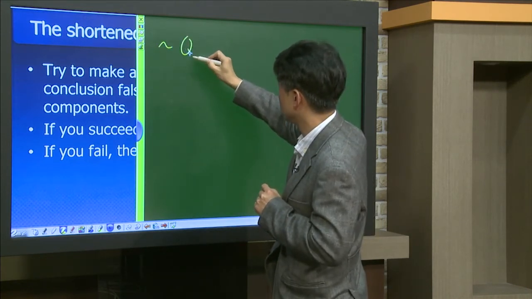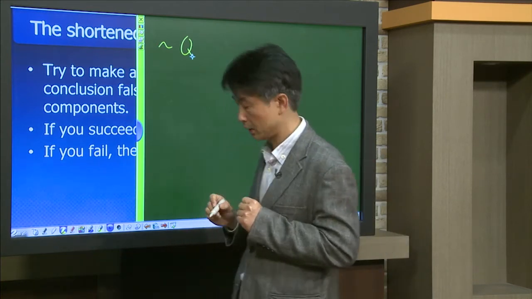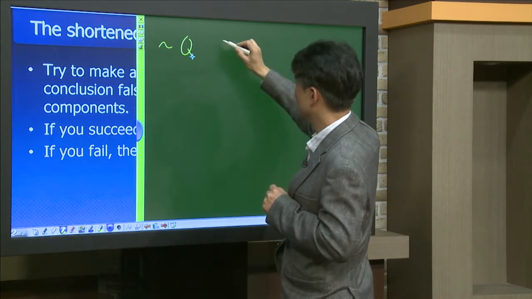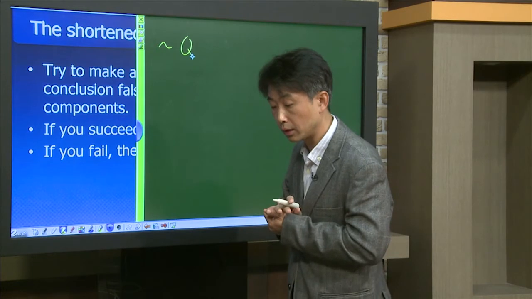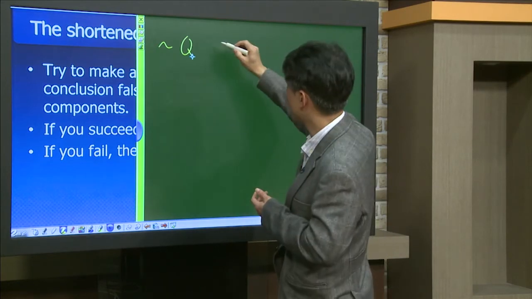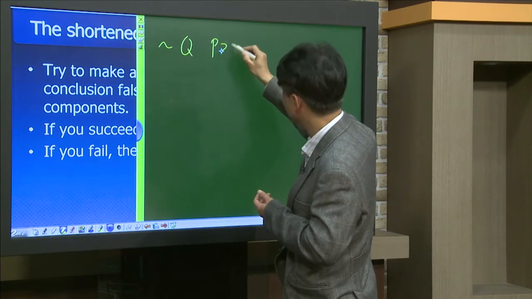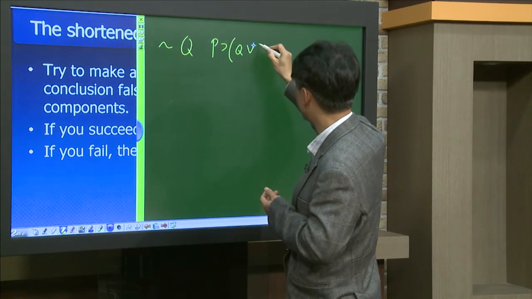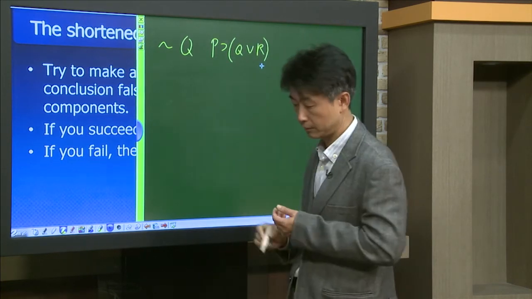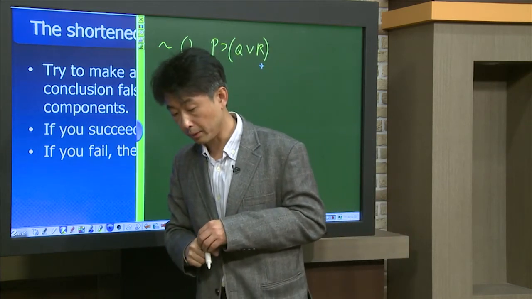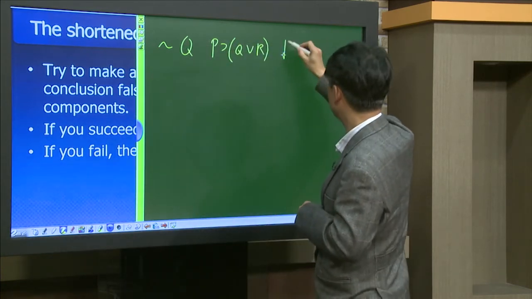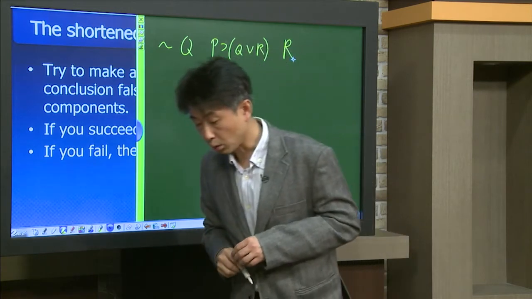Not Q is the first premise. I'm just copying an argument from the textbook. The second premise is P, then Q or R. The third premise is R. The conclusion is P.